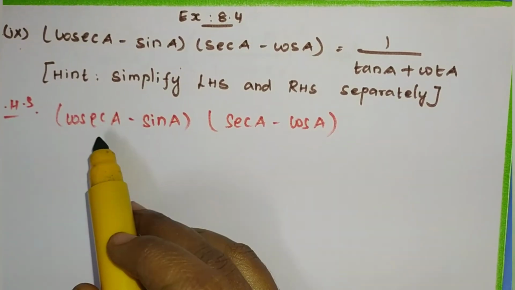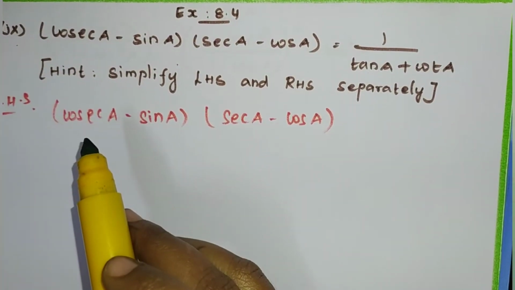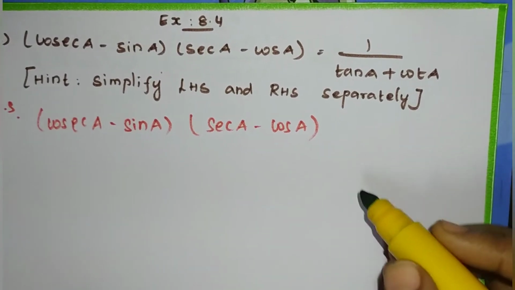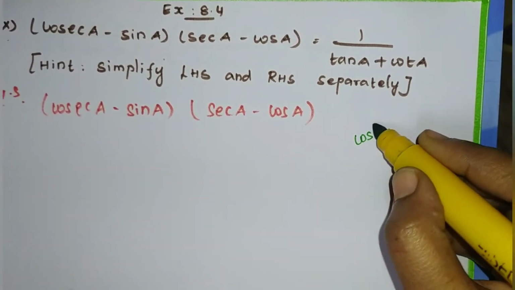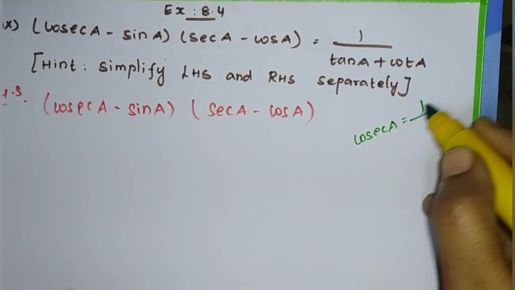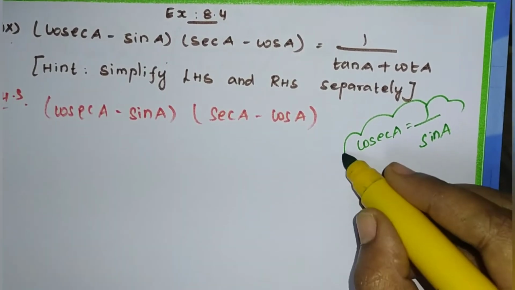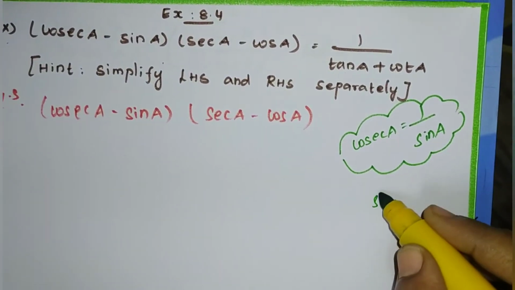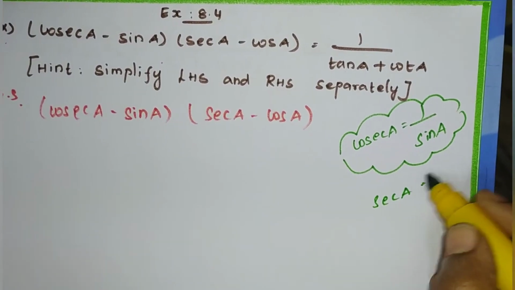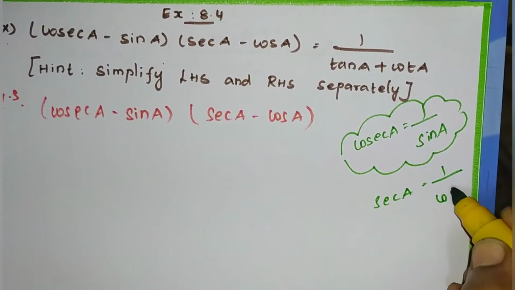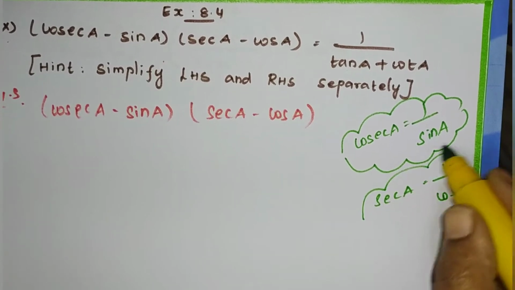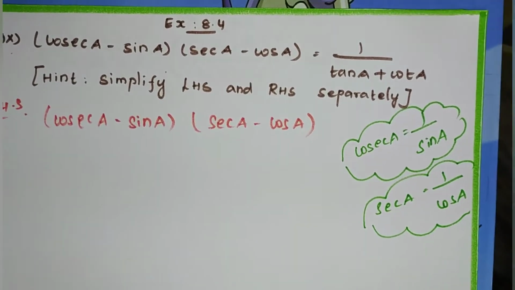Instead of cosec A, we can write the reciprocal, 1 divided by sin A. Reciprocal formula we can apply. For sec A, we can apply 1 by cos A. Clear?